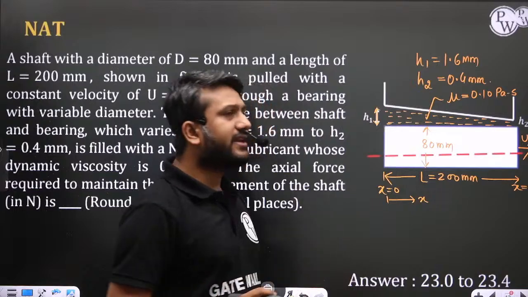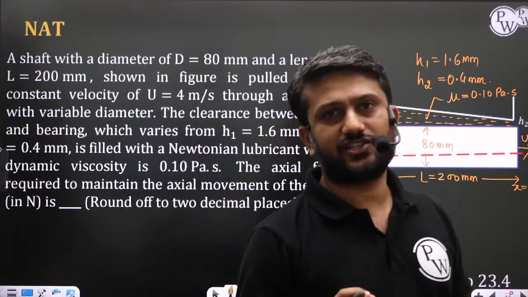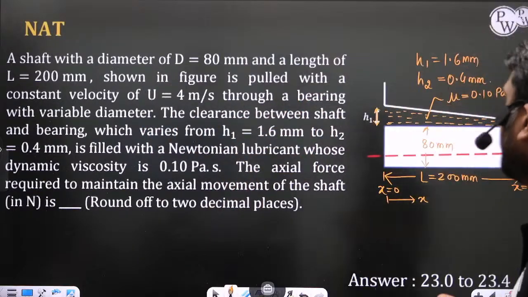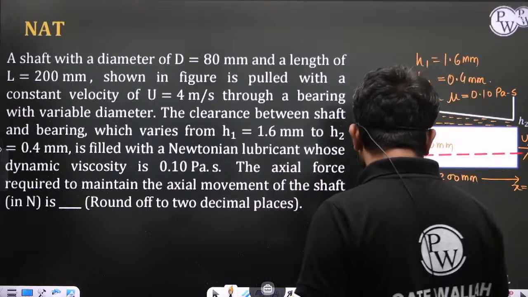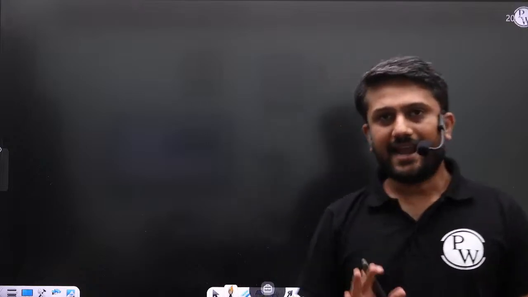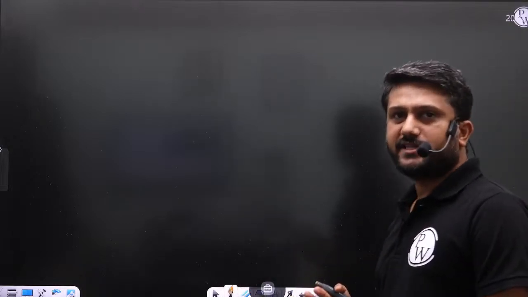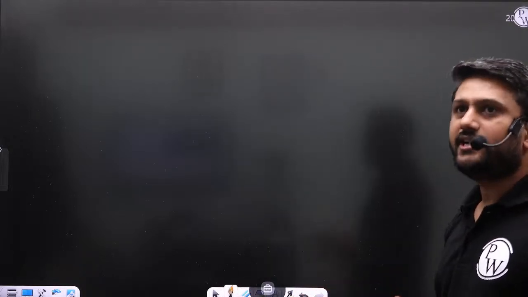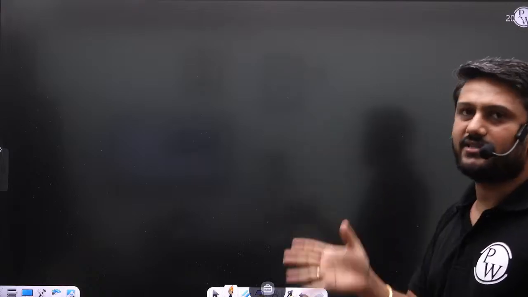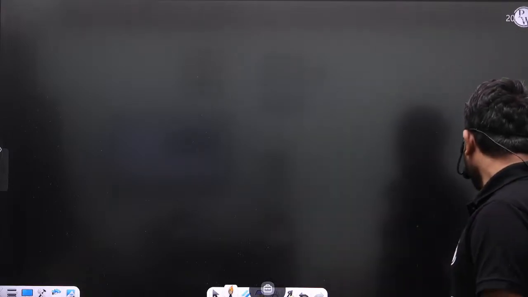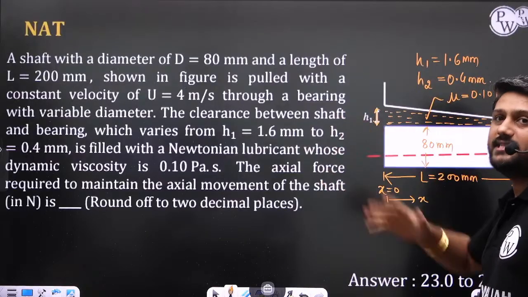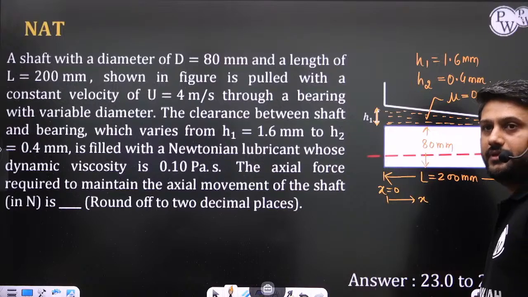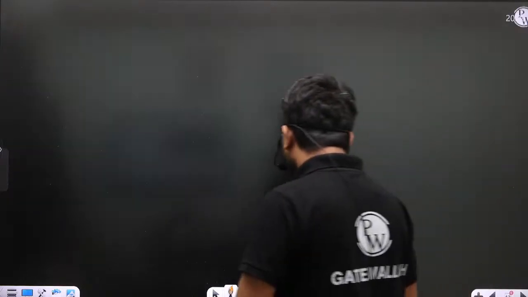Whenever you get a problem where the gap varies linearly with x, can we write the mathematical expression directly? We already solved this problem in the previous class and understood the concept behind it. Is it okay?